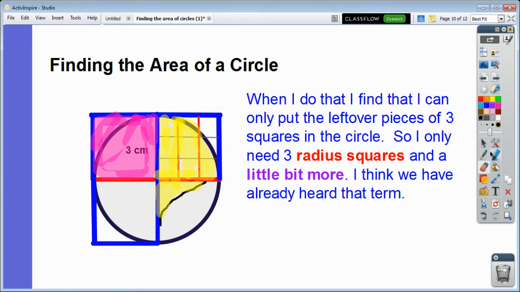Now let's put those leftover pieces inside the circle. And then I'm going to color the last square.